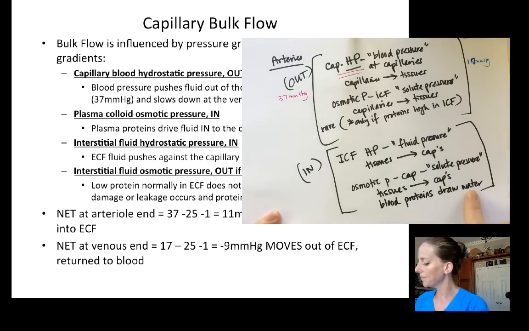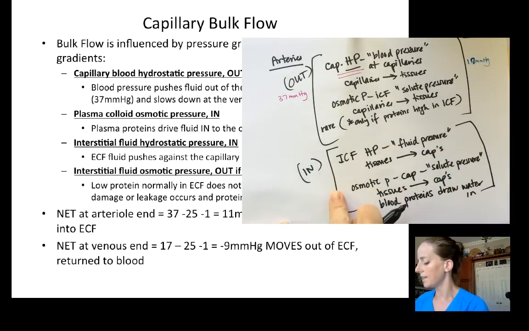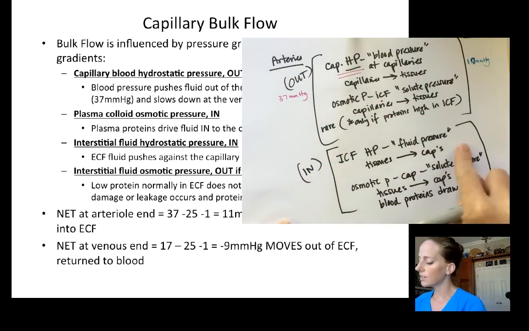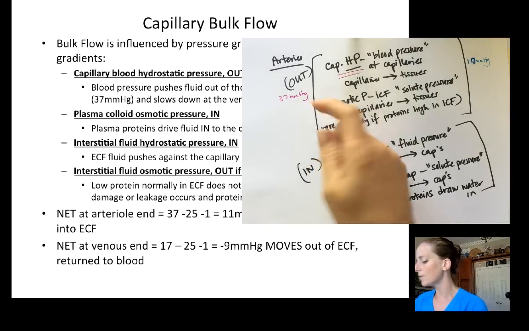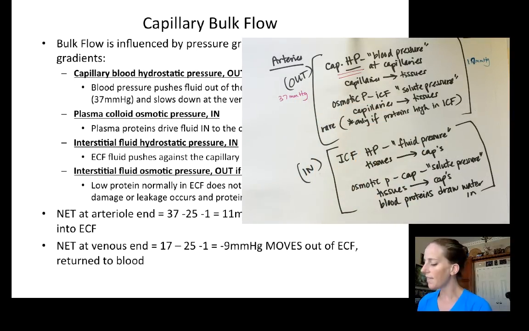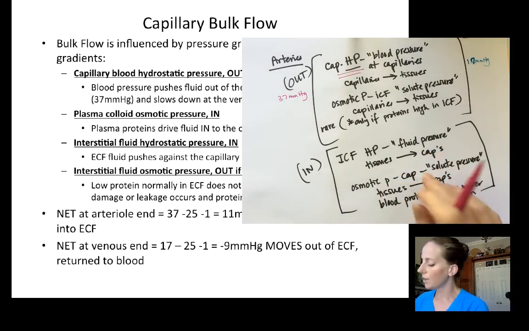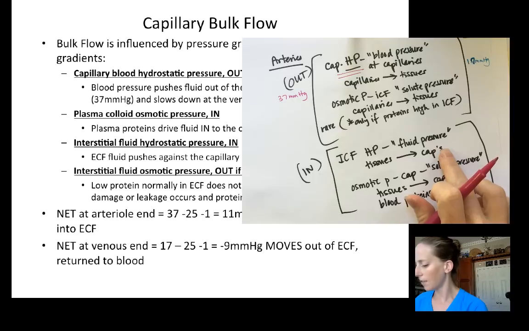So overall, we have fluid out and fluid in. And in order to get the net flow, we need to subtract the out minus the in. So let's look at the values then. We have 37 millimeters of mercury out at the arteries. And then for pushing back on the tissues, we're going to have a small amount of fluid pressure from the tissues to the capillaries.